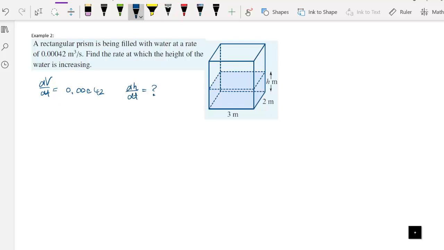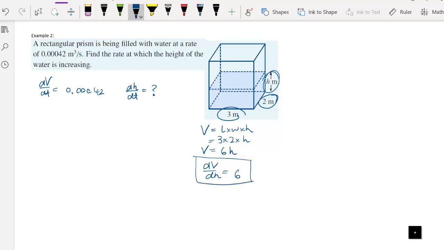And when we're looking at a rule that relates volume and height, basically we're looking at this volume rule where volume is equal to length by width by height, where we know the length and we know the width, and the height is a variable. So we've got 3 by 2 by h, and therefore we've got 6h, and that's our V. From that, we should be able to say that dV/dH is simply equal to 6, so it's a constant rate. So this one's a nice easy one to work out.